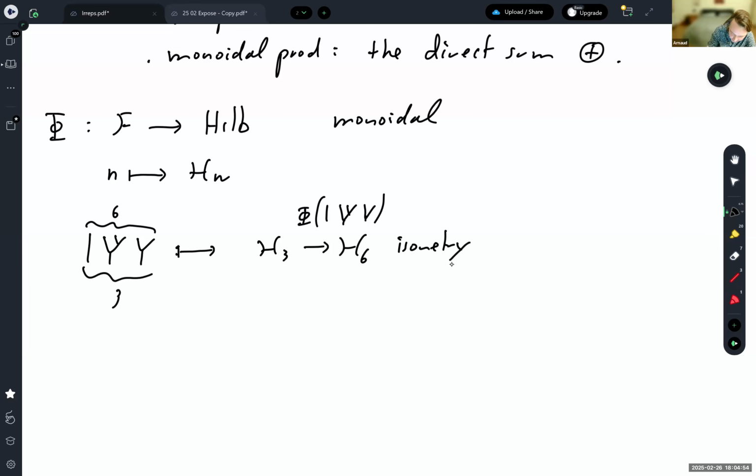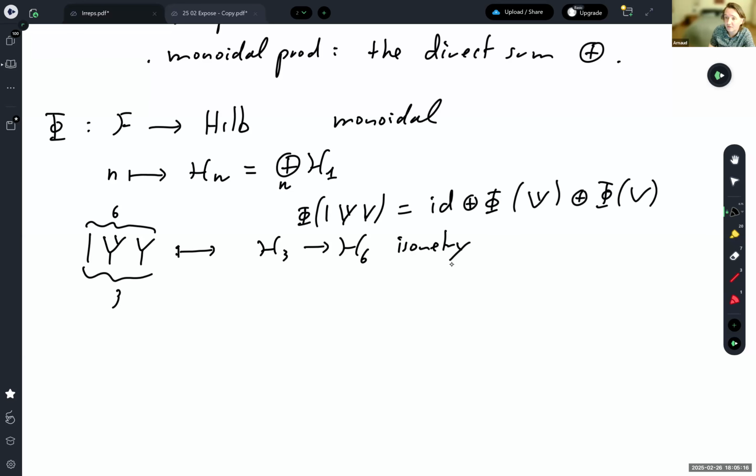So you get that. And here, because it's monoidal, this should be the identity plus phi of this guy plus phi of this guy. And because it's monoidal, this should be n times the direct sum of H1.